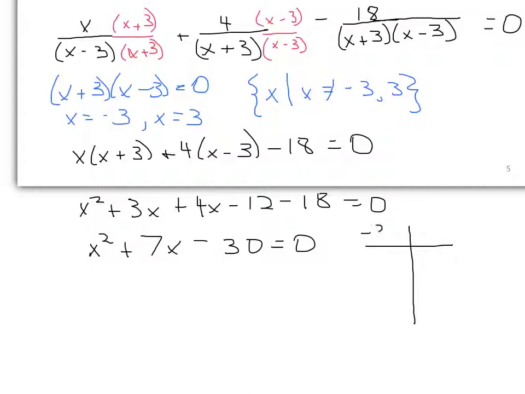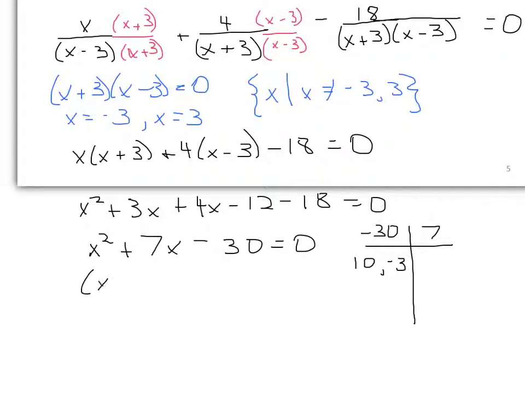So we can use reverse FOIL. We need two numbers to multiply to -30 and add to 7. Well, 10 times 3 is 30, and the difference between 10 and 3 is 7. And if we make 10 positive and 3 negative, we'll get what we want.